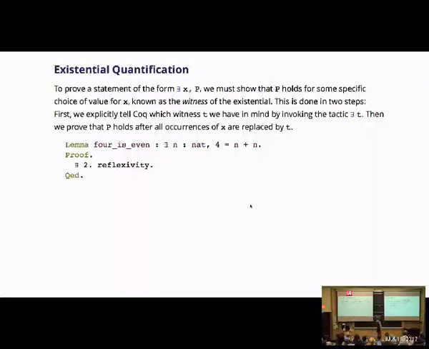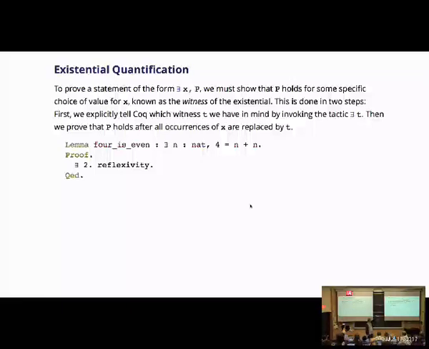We're almost done with this lecture. So the backward E is actually read in ASCII, exists, spelled out. And what it means is, okay, so to prove an existential, what do we have to do? Well, we have to show that there is some particular n that this is true of.